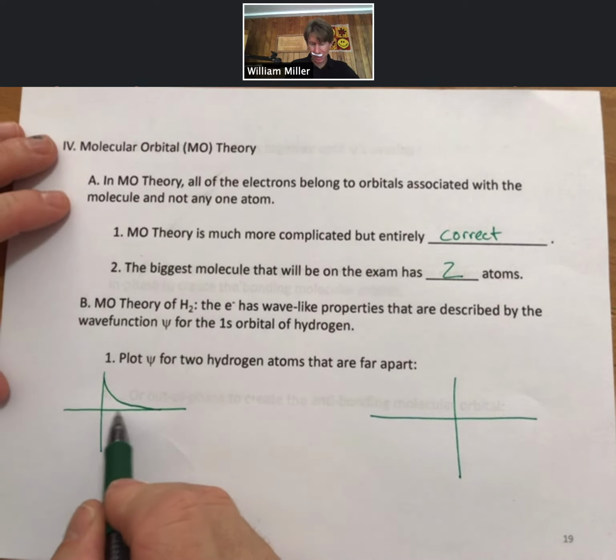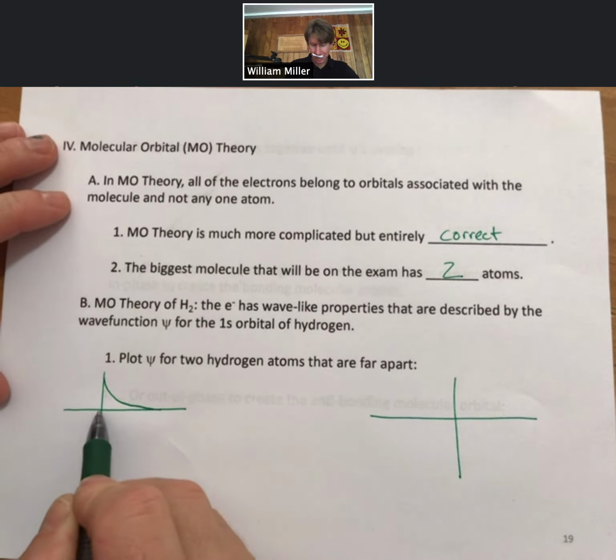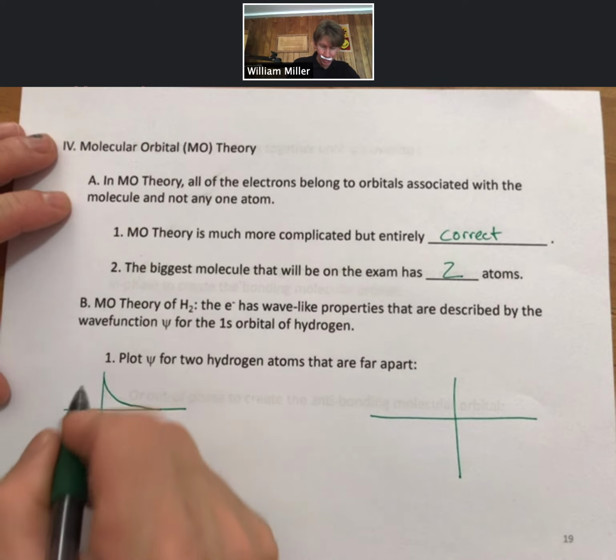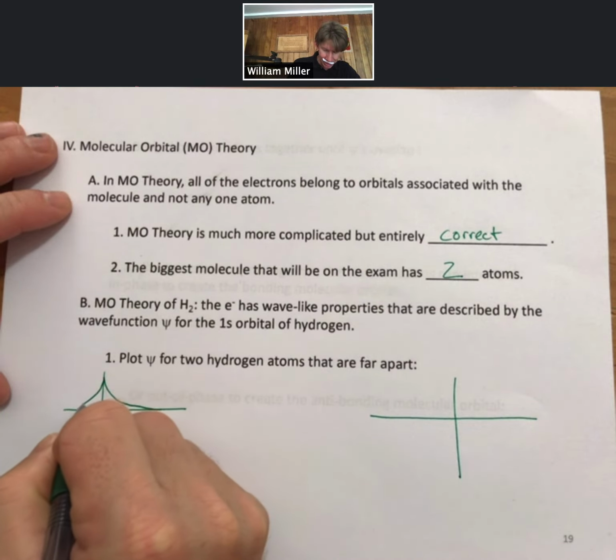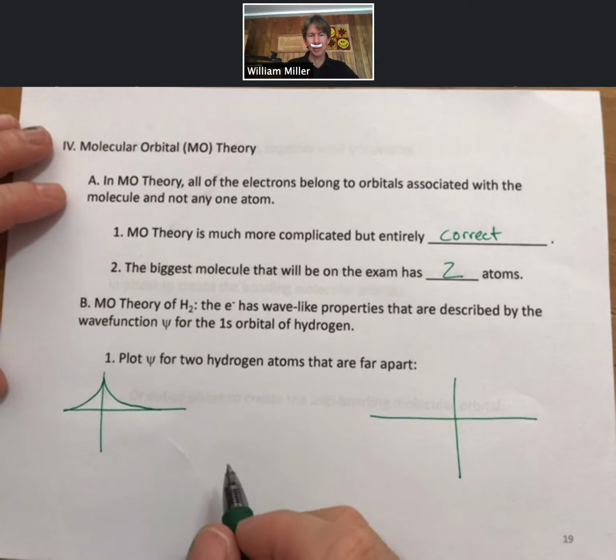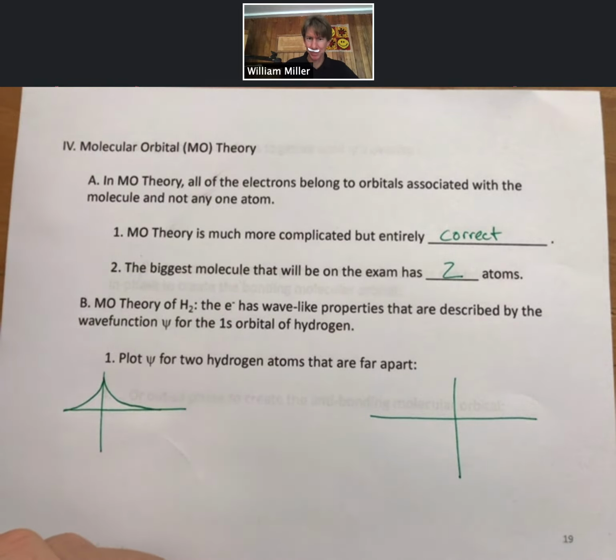While we haven't done it in both the x and negative x directions, we can imagine that on the other side of the nucleus, we get the same kind of function. And those are supposed to be identical.